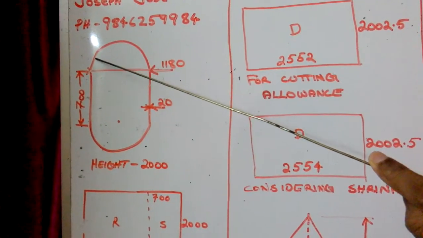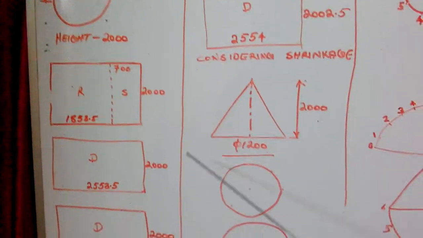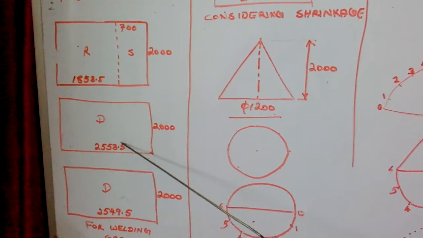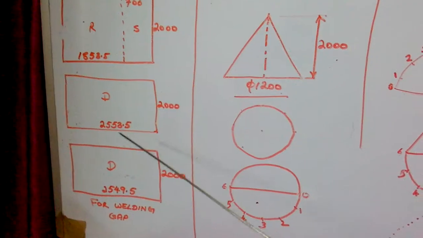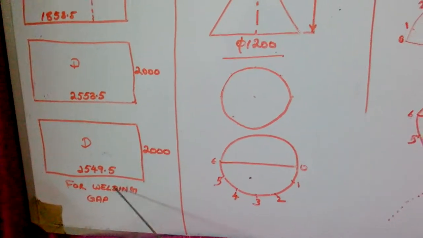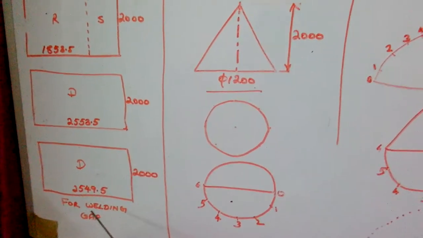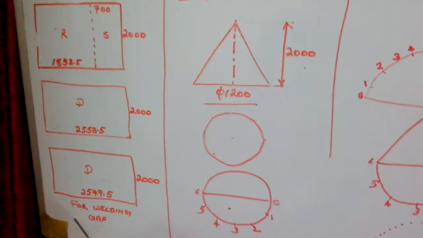So in total we decreased 4 mm. From 2553.5 we decreased 4 mm for welding gap, and then we got 2549.5. I don't describe it again because last time I had indicated it.